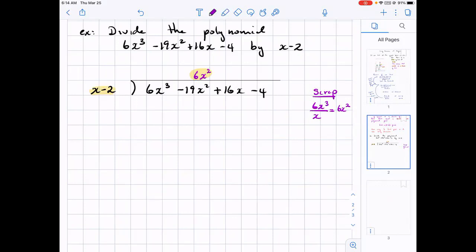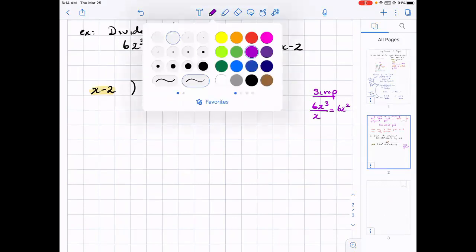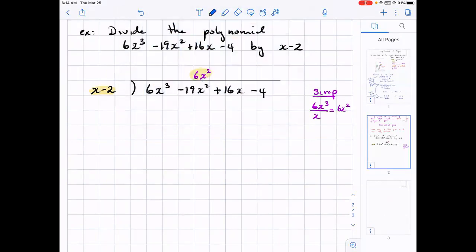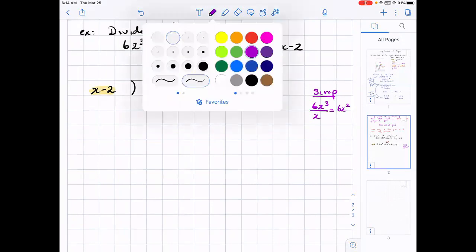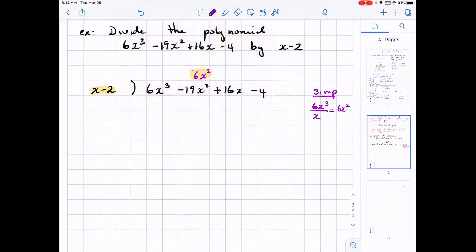So if we go ahead and do that, 6x squared times x becomes 6x cubed, and 6x squared times minus 2 becomes minus 12x squared. And remember, we always have to subtract.